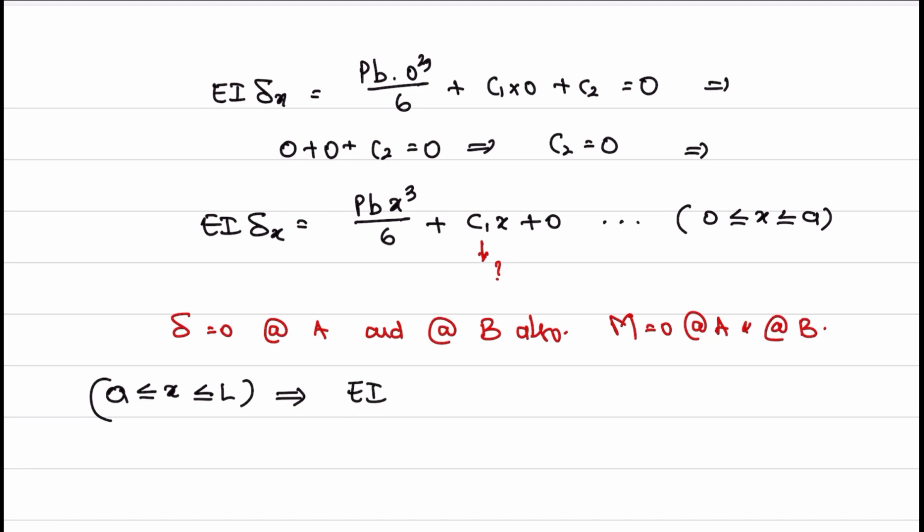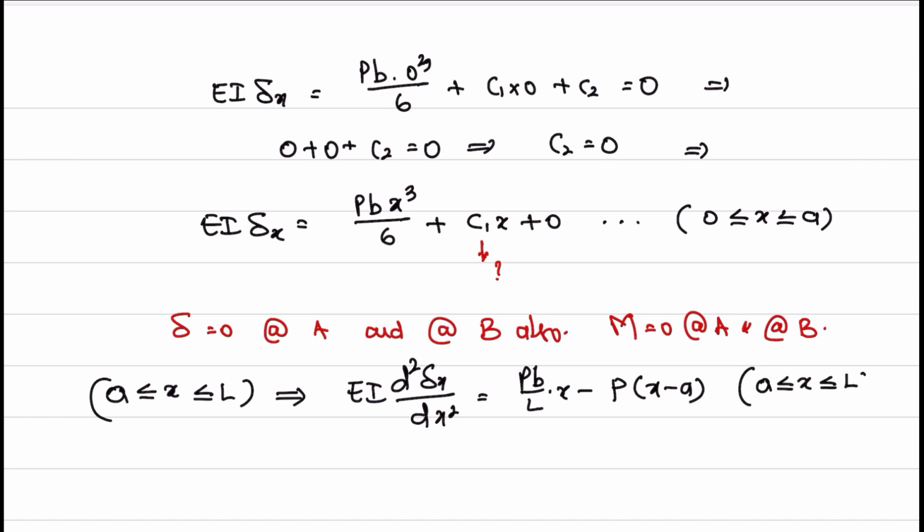EI into d square delta x by dx square is equal to, in this portion, PB by L into x minus P into x minus a, for a less than or equal to x less than or equal to L. That is for the second portion. Now, for this portion, in the similar way as the previous portion, we have to find out the deflection.